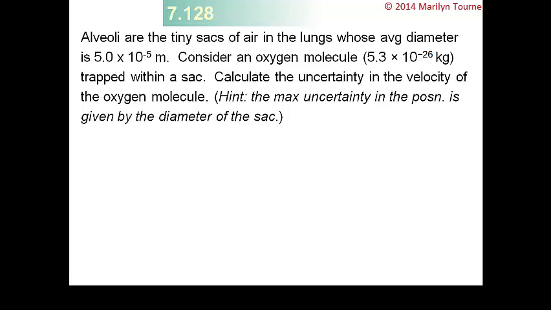Since they want to know the uncertainty in the velocity of the oxygen molecule, I'm going to use the equation that we just learned. It's delta x times delta p is greater than or equal to h over 4 pi. Since they want to know the velocity, I'm going to solve for p, momentum, because remember, momentum is made up of mass times velocity.